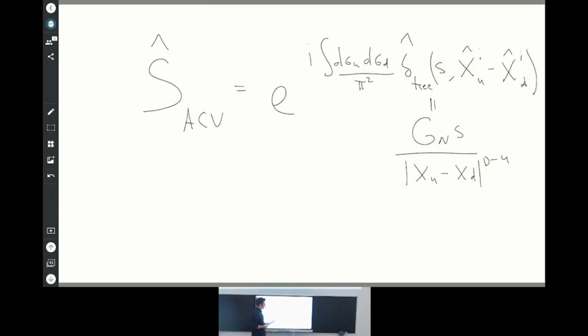So that's a basic result, and the nice thing about this result is that it's not just some amplitude. To evaluate the amplitude, you do this, but it's really a unitary operator in a space of two string states.